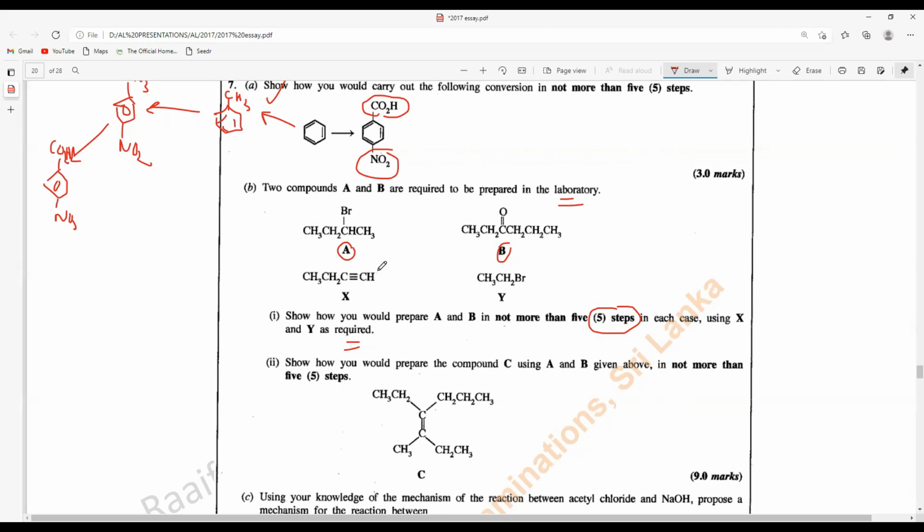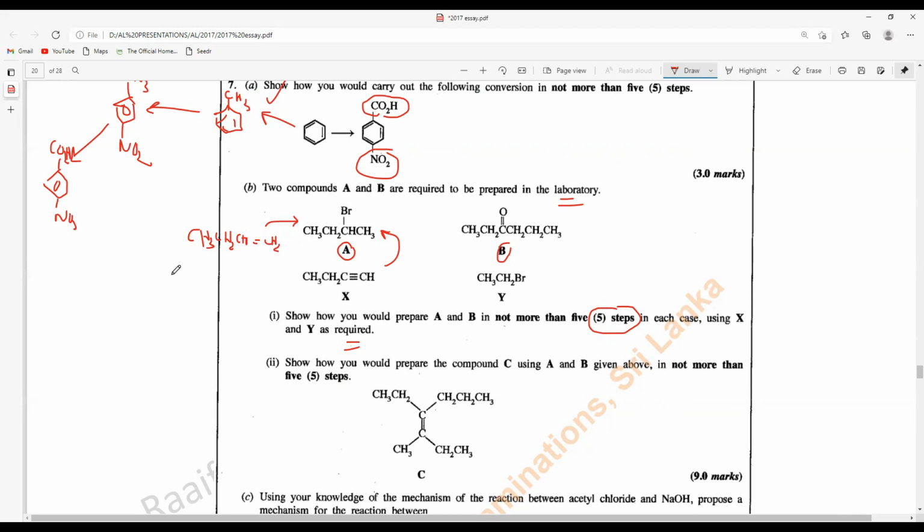So the simplest way is just to add some reagents to convert this to this, because the carbon number is the same, right? So what can you do here? There is a bromine here. So in the same way, we usually think, this might have come from CH3, CH2, CH alkene, maybe.